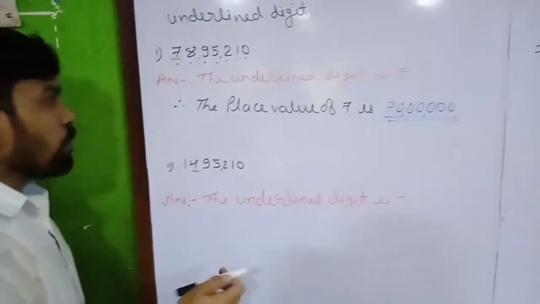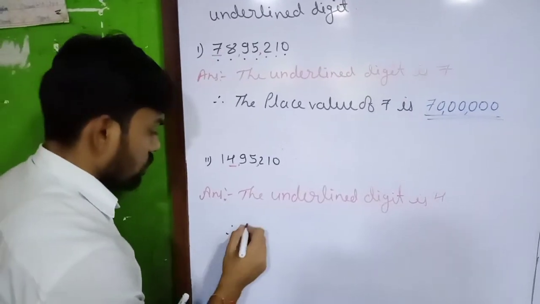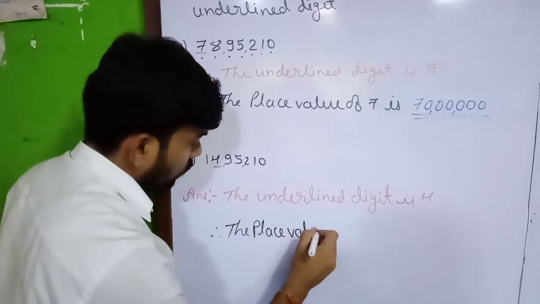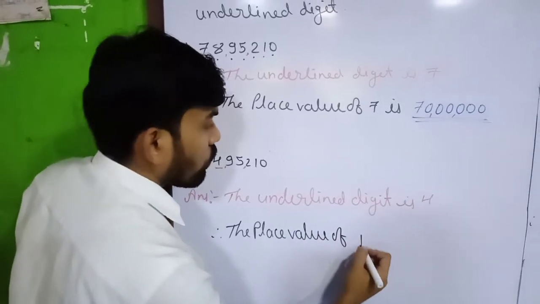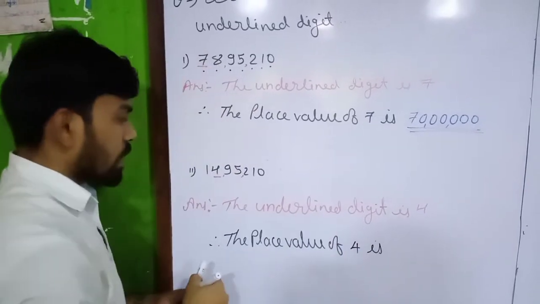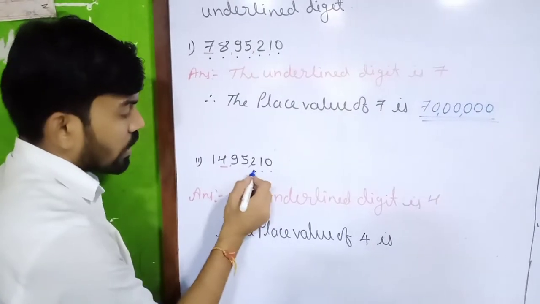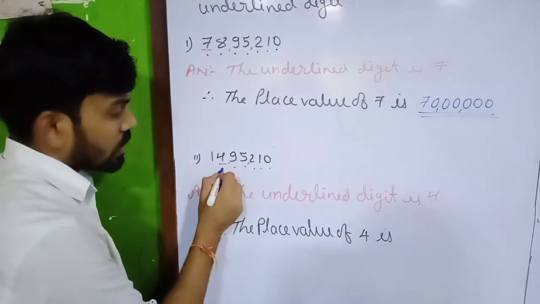4. Therefore the place value of 4 is, what is that? That is unit, 10, 100, 1000, 10,000, lakhs.